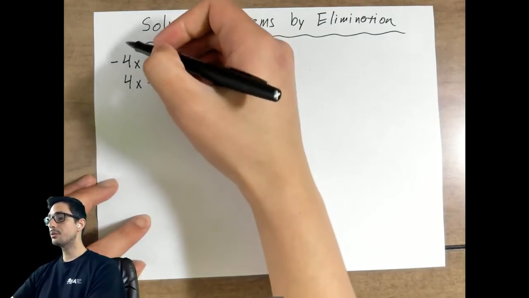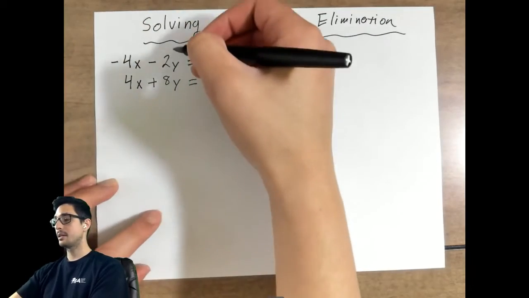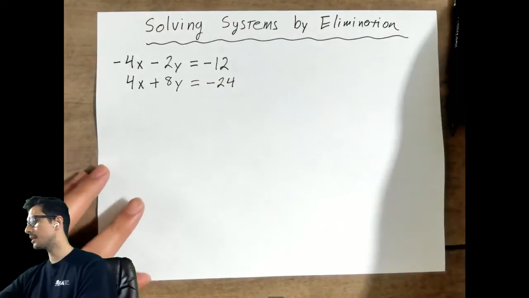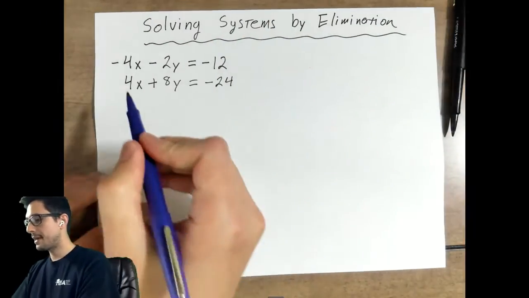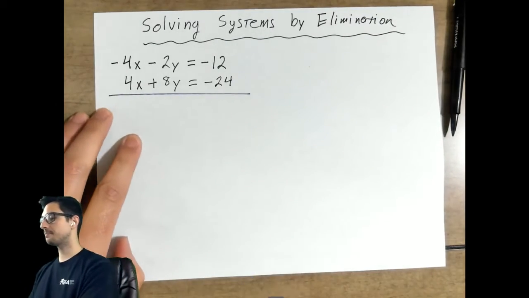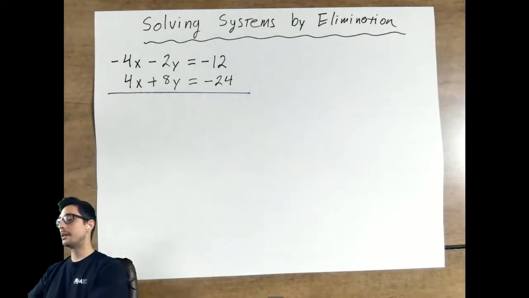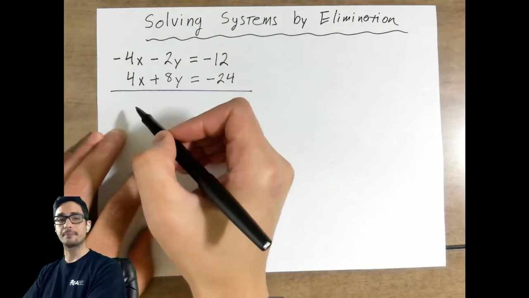Using elimination, we want to start adding these two equations by column. Let me draw, not that color, let's do purple, just a line, right? And we are going to add these by column.